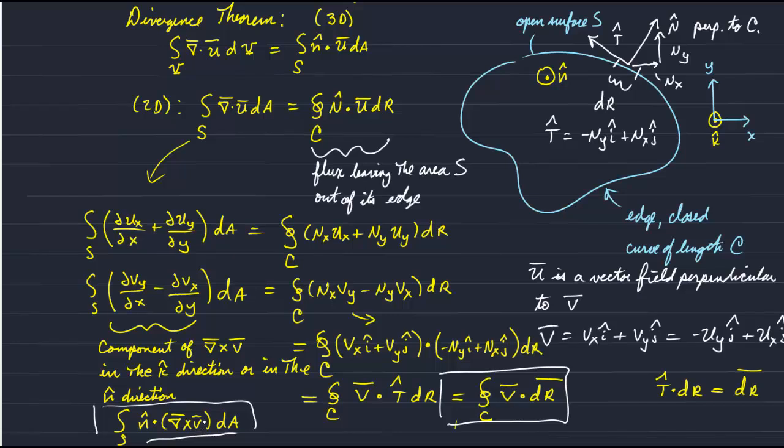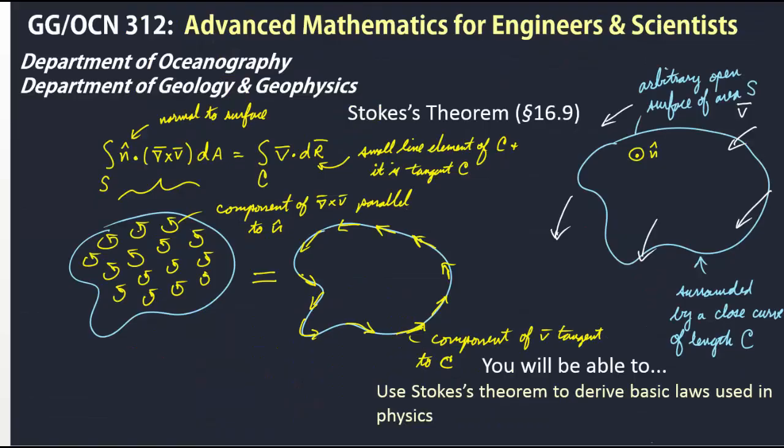So we've derived Stokes' theorem from somewhat of a mathematical line of reasoning, but you should conceptualize it as I've sketched here. Again, we're integrating the component of the curl of a vector field over the area of an open surface, and that's equal to the net circulation of V, which is the component of V along this closed curve.